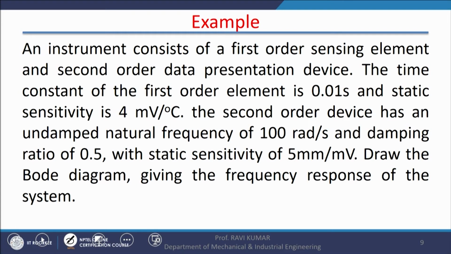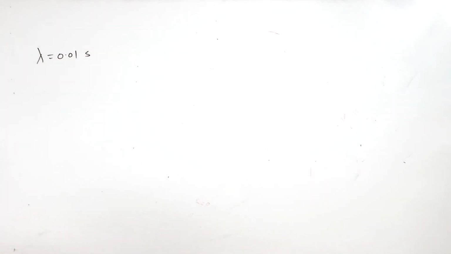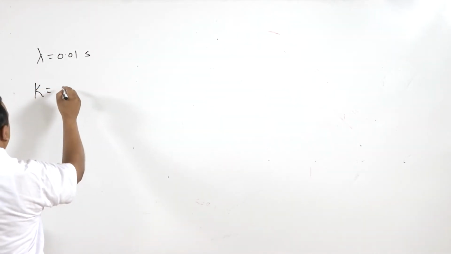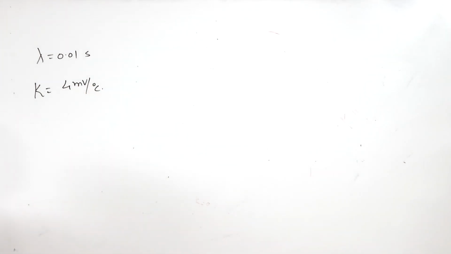So lambda is equal to 0.01 seconds, and static sensitivity is 4 millivolts per degree centigrade. So input is in degree centigrade, output in millivolts.